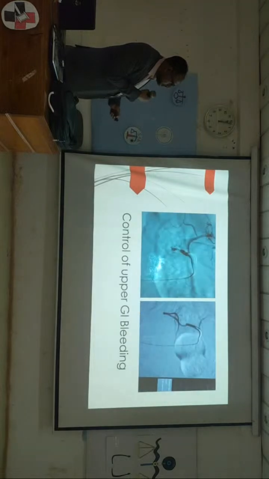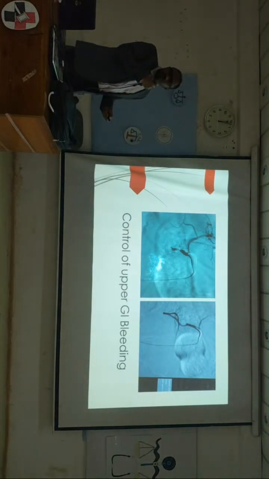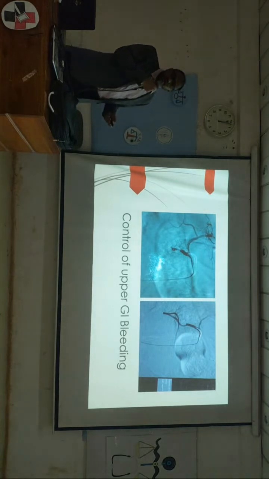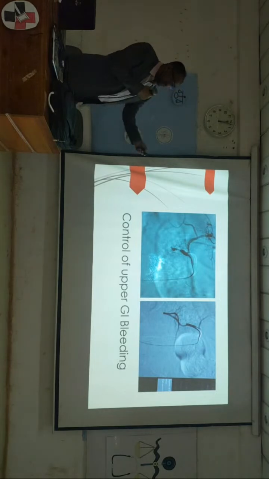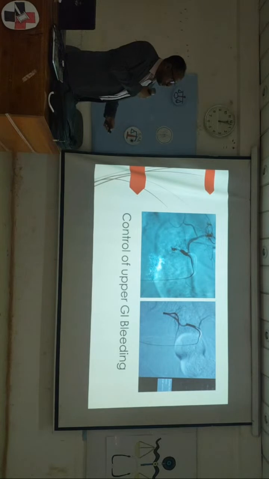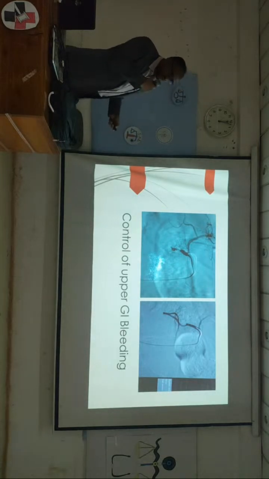Another patient also with upper GI bleeding. Any bleeding of more than 500 cc will be circulating bleeding for the patient, and this is most probably an arterial source. So for a patient with upper GI bleeding with more than 500 cc loss, you need to do a mesenteric angiogram to go for the inferior mesenteric artery, superior mesenteric artery, celiac, and gastroduodenal artery.